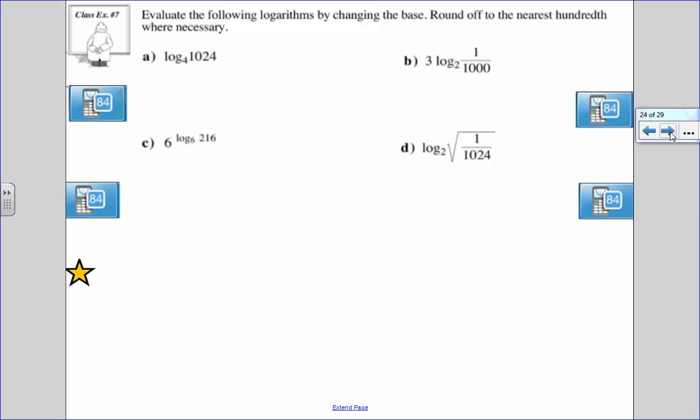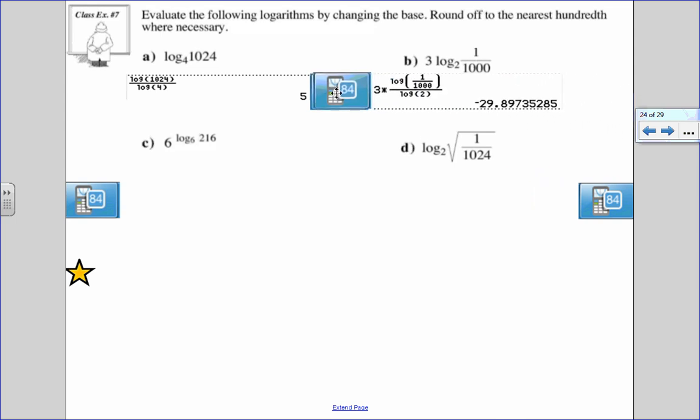Okay? So if I wanted to practice this using change of base, just practicing that idea, to enter in log base 4 of 1024, I would do log of 1024 divided by log of 4. To do this one here, I have to do 3 times the log. And be careful because we have a fraction here, so we have to be careful with our bracket placement. So if I wanted to use change of base, I would say 3 times log of 1 over 1,000 divided by log of 2.